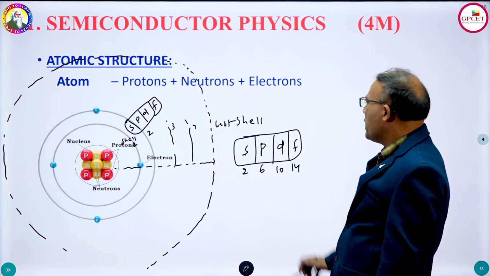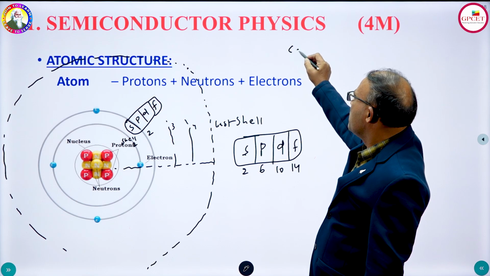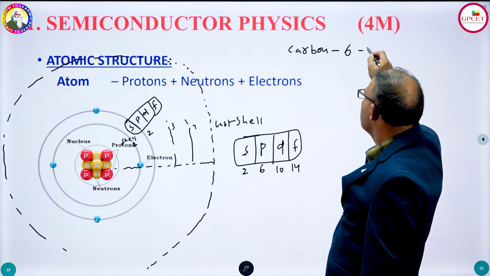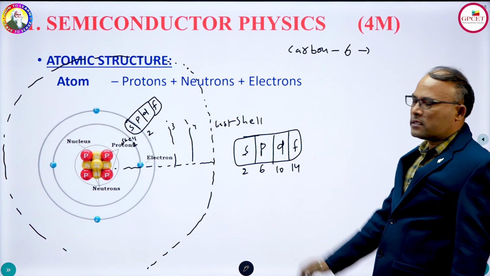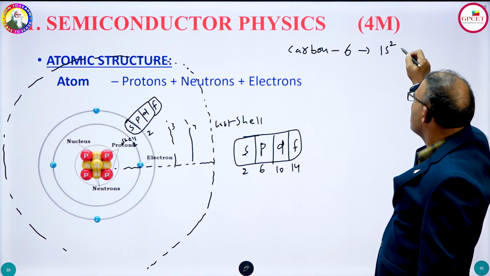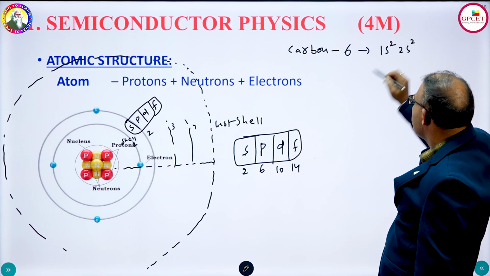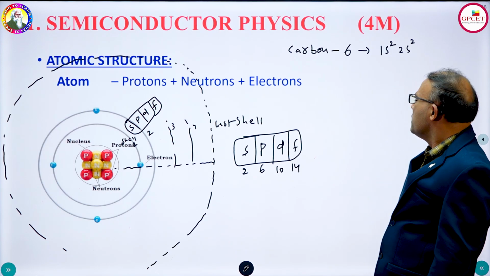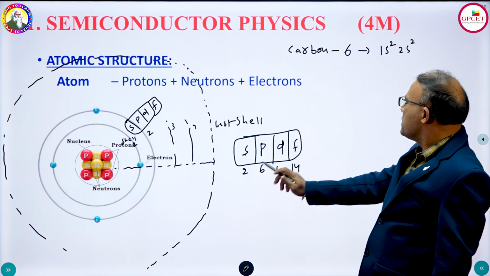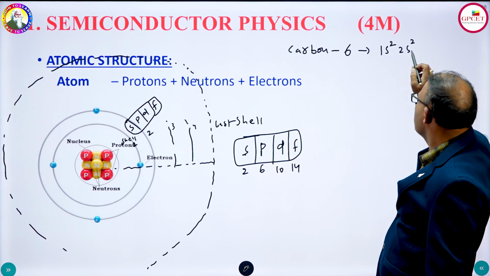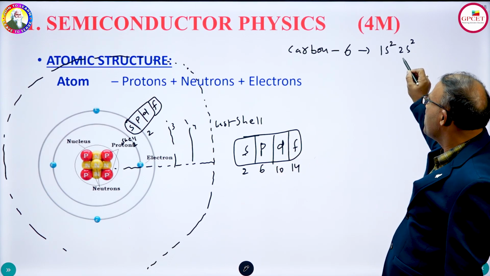For example, take the element carbon, whose atomic number is 6. Its configuration is written as 1s², 2s², 2p². In the first shell only S is present, containing 2 electrons. In the second shell there are S and P, where S contains 2 electrons and P contains 2 electrons.